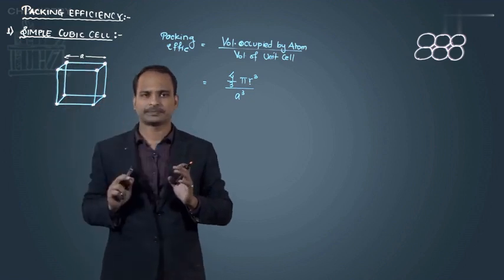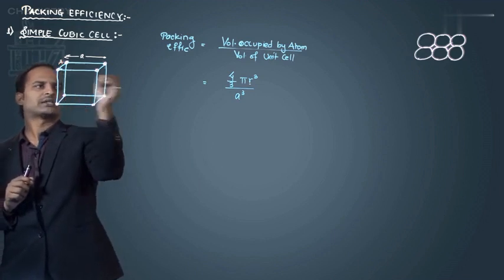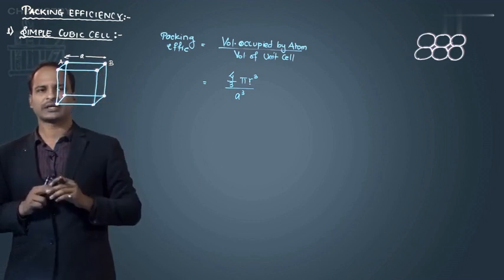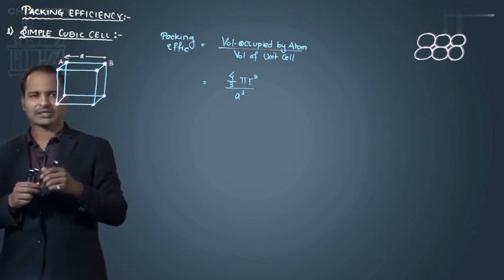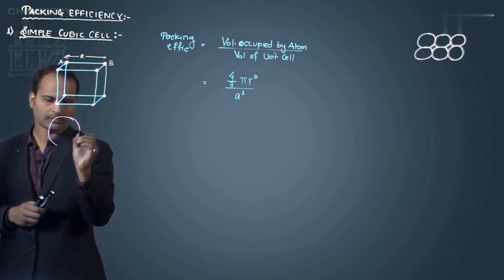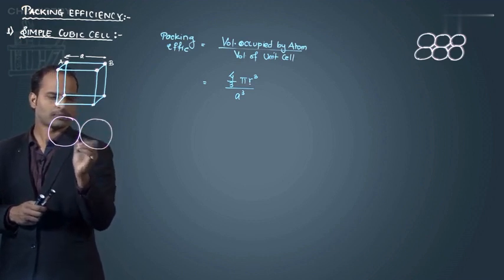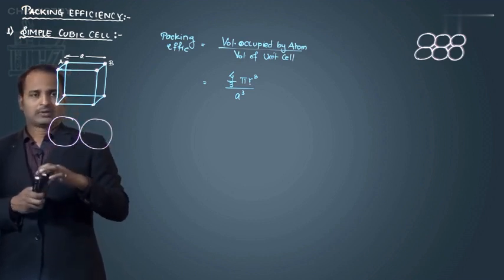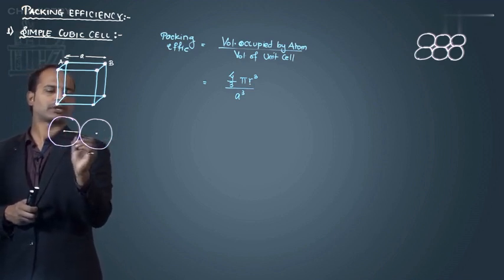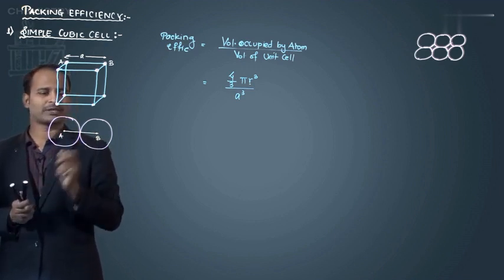That means if I consider this point as A and this point as B, the center of this particle is A and the center of this particle is B. So these two spheres are touching, this is A and this is point B, I'm just joining them. This is AB.